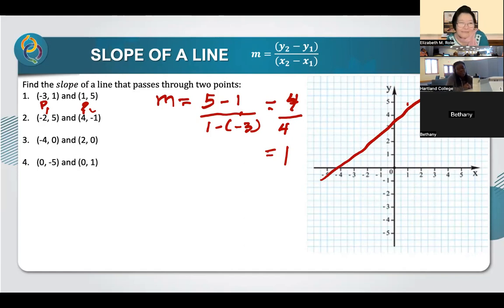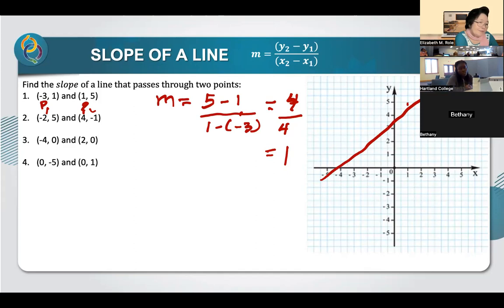All right. And number 2. -1 minus 5 over 4 minus -2. So it's 4 plus 2, right?